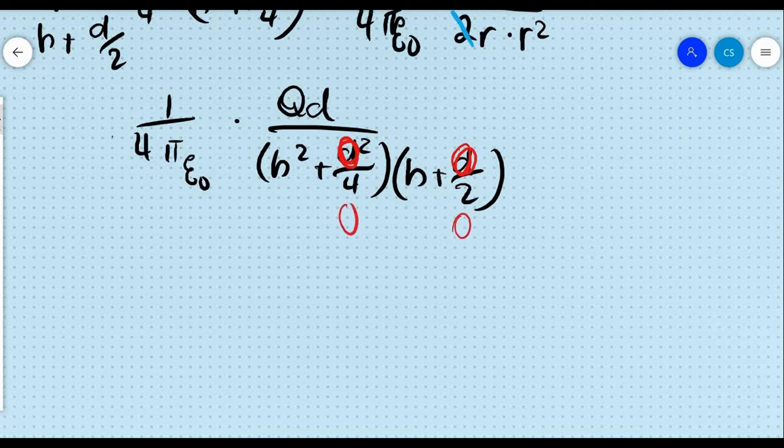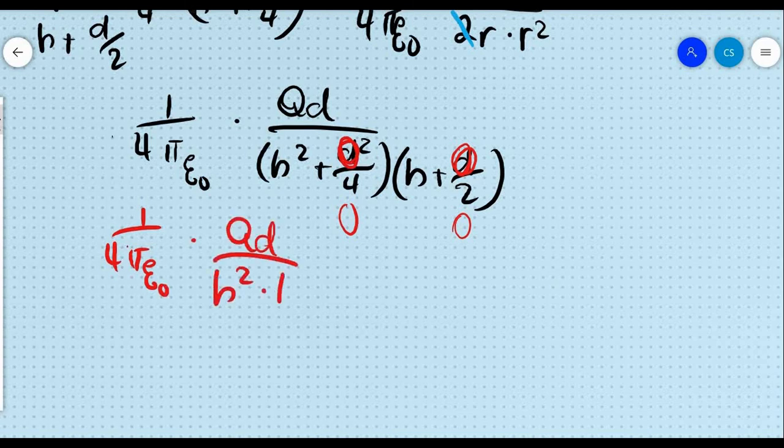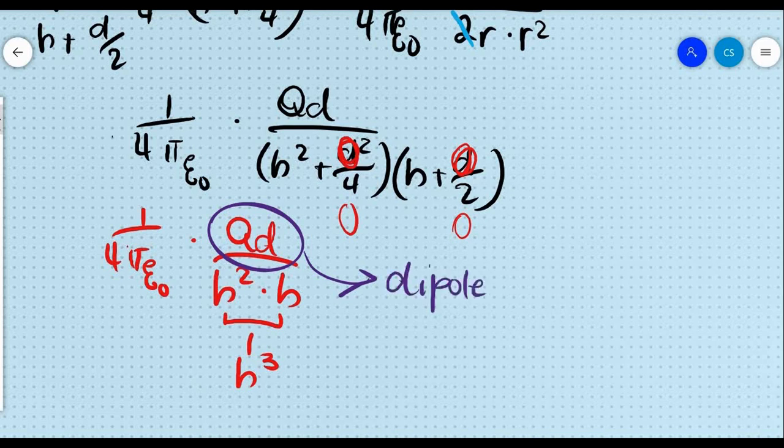So we'd be left with simply 1 over 4 pi epsilon naught times qd over h squared times h, and that would actually come to be h cubed. Alright, and also qd is literally what we call the dipole moment. So qd is equal to p, which is the dipole moment.